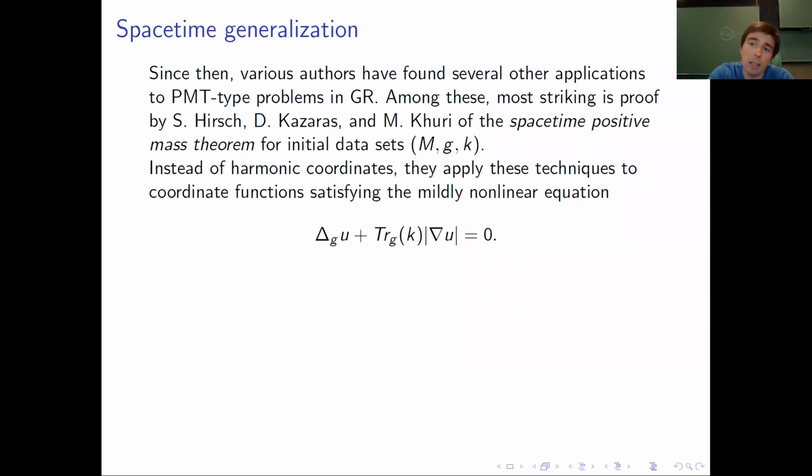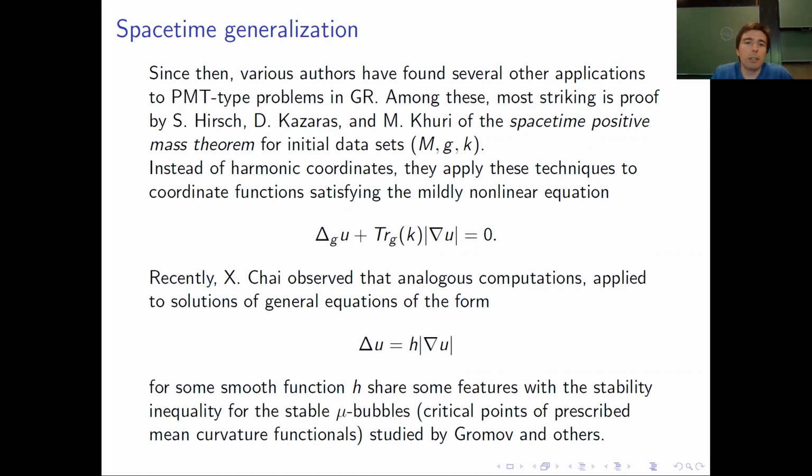One thing that's mildly frustrating about this is that this doesn't have a simple variational characterization, which, if you're like me and like things to be variationally defined, is kind of strange. And I'll note that recently Chai noticed that if you do analogous computations in general for equations of the form Laplacian u is some prescribed function h times norm of Nabla u, you seem to get some similarities with the results that you get by looking at stable mu bubbles in dimension 3.